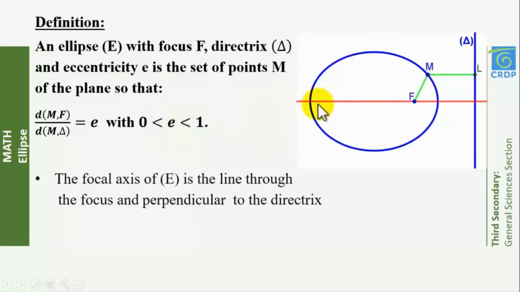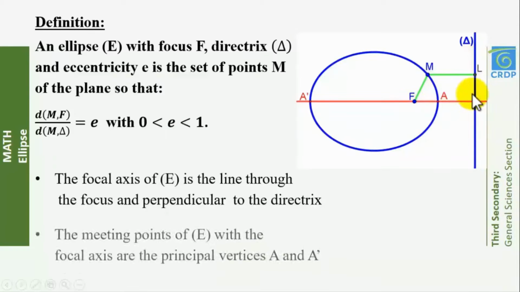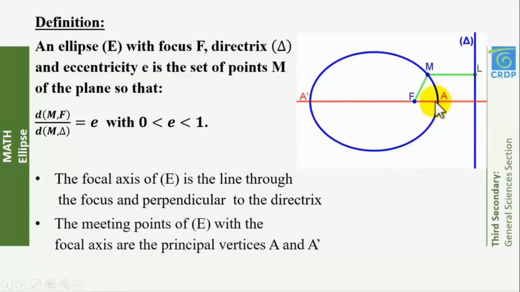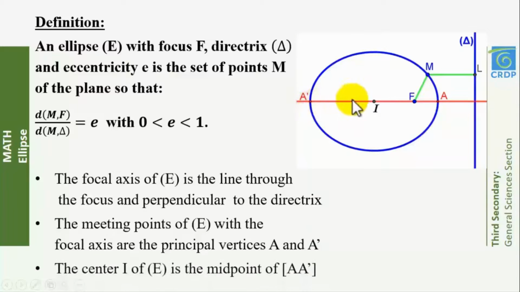The focal axis of E is the line through the focus and perpendicular to the directrix. The meeting points of E with the focal axis are the principal vertices A and A prime. The center I of E is the midpoint of segment AA prime.